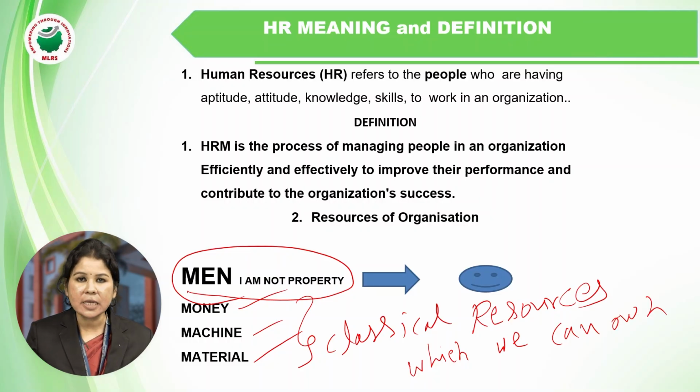Who has to operate the technology? Who has to give instructions, because through instructions only we get output? Human resources. Inventions and creations are made by human resource.